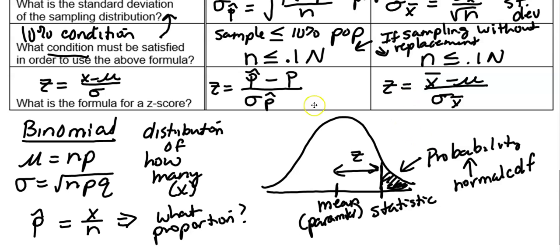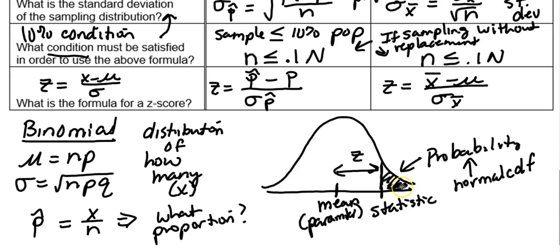Looking at how this works out in a probability distribution, the mean would be my parameter, either mu or p. The statistic would be from a sample, either p hat or x bar. So I'm trying to figure out how far away the statistic is from the mean. How well does the statistic estimate the mean?